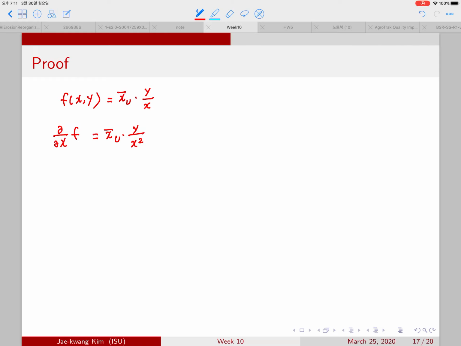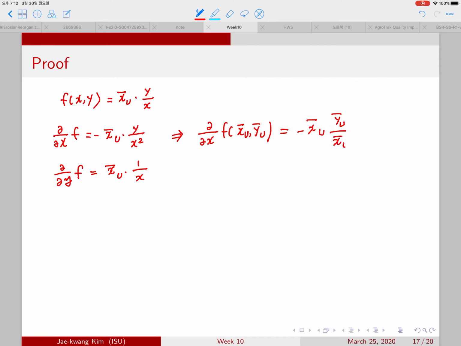And then minus. And if you take the differentiation, then there's no minus. So that means if you plug in x bar u, y bar u, then y bar u divided by x bar u squared.